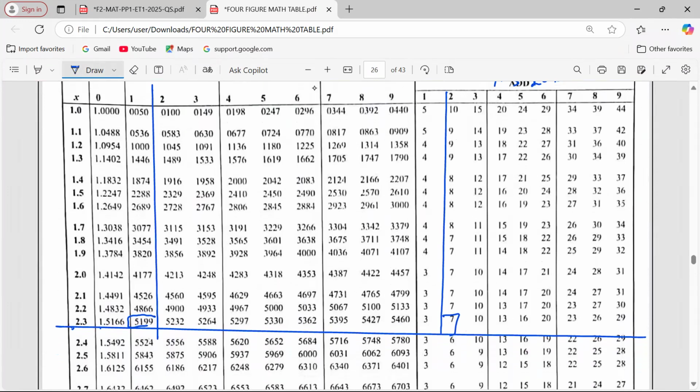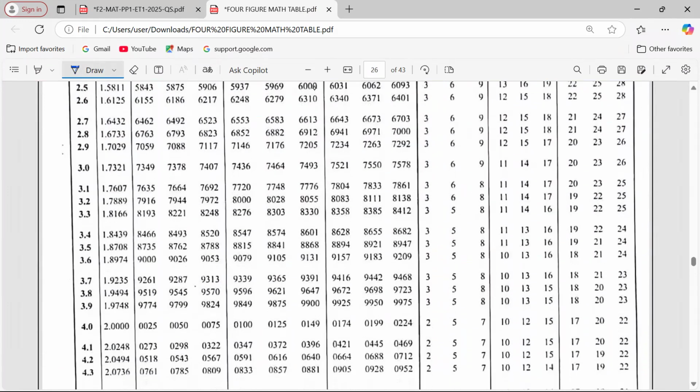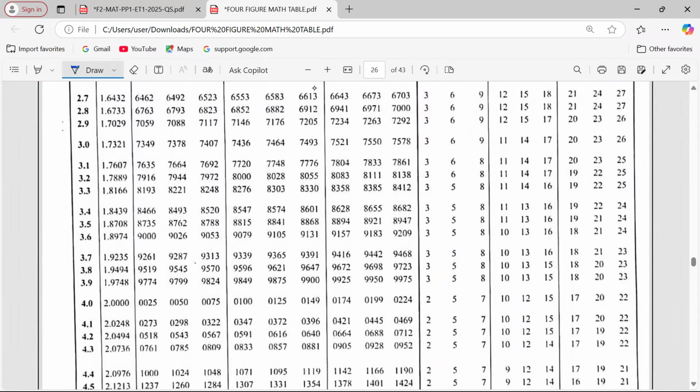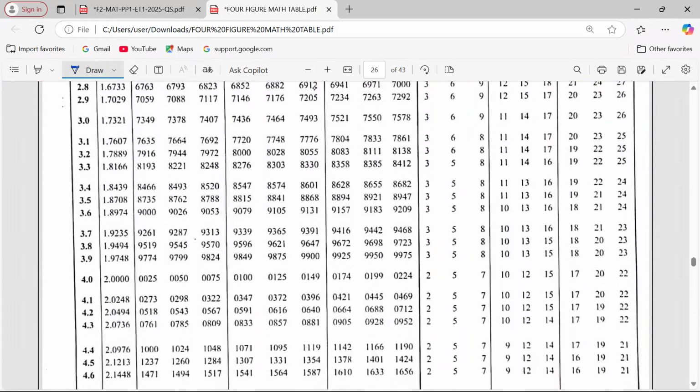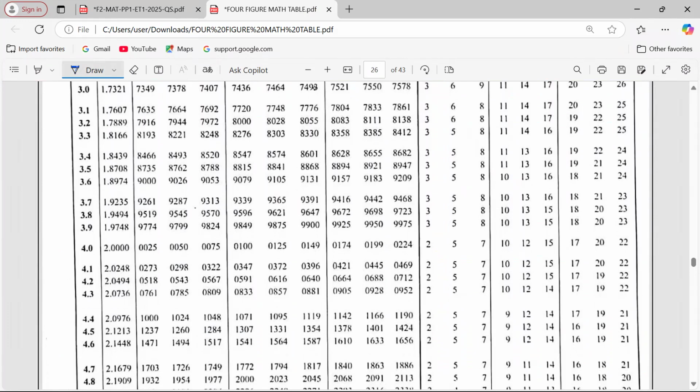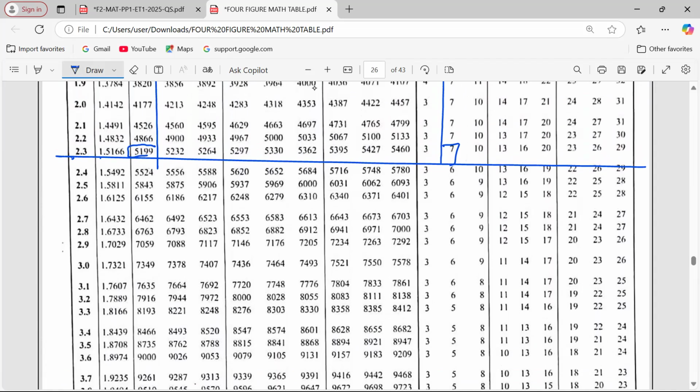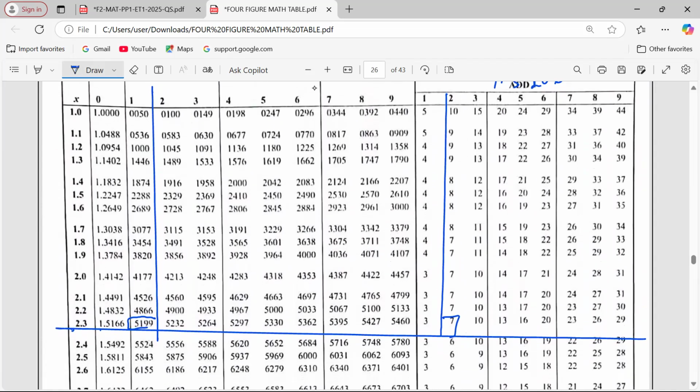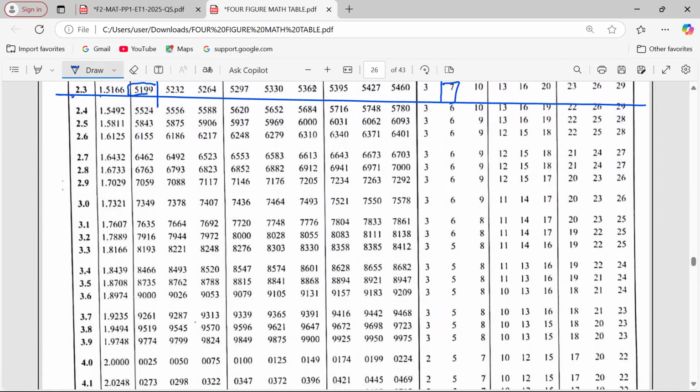So for the square roots, we're talking about 4.2. Here is the row 4.2. Then the column that has 6 is here.